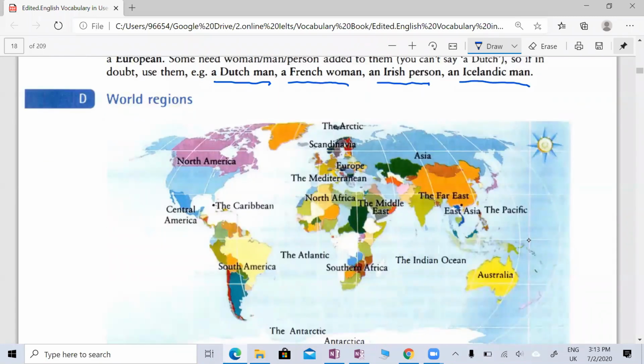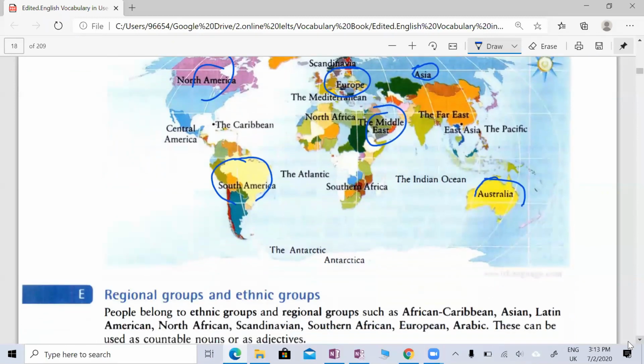As you see on the world map, the globe is also there, so you can see different continents mentioned here, like Asia is here, Australia is here, then South America, North America. The Middle East is here, Europe is here. So you can have a look at this part and we will talk about it a bit more.